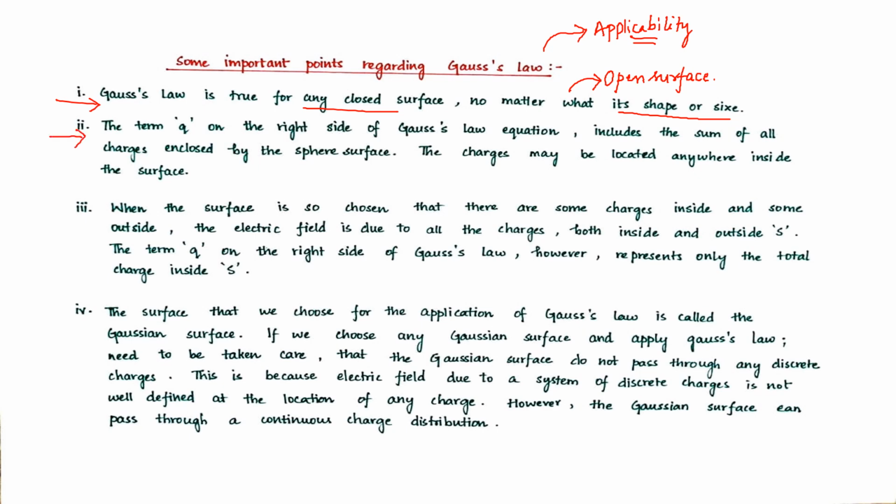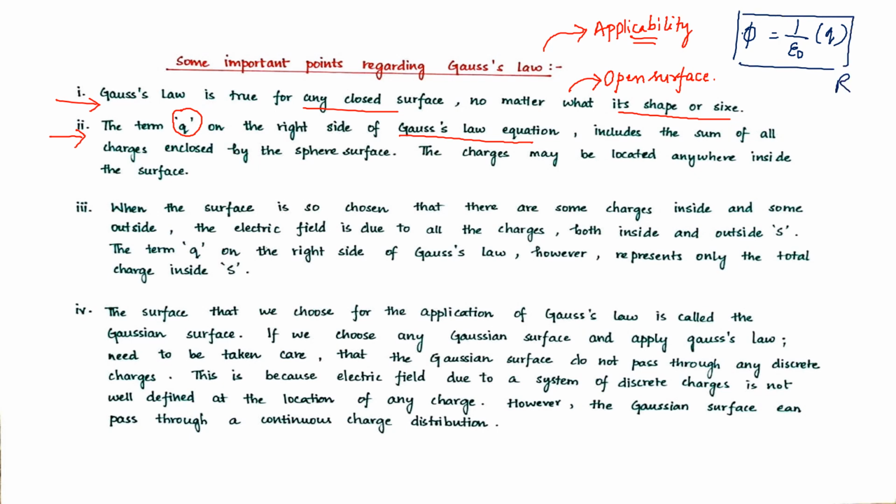Next, the term Q on the right side of Gauss's law equation. I'll write the equation here so that it is easy to understand: psi equals 1 upon epsilon naught into Q. That is Gauss's equation.